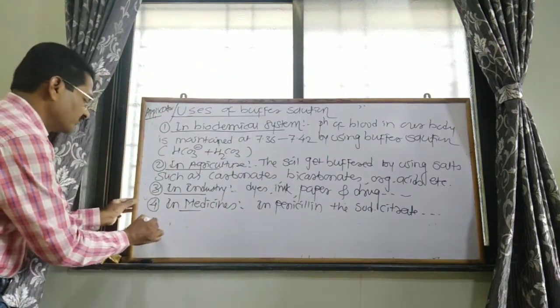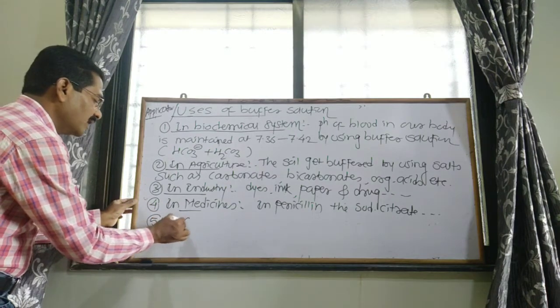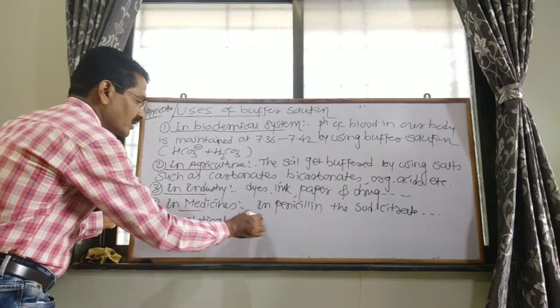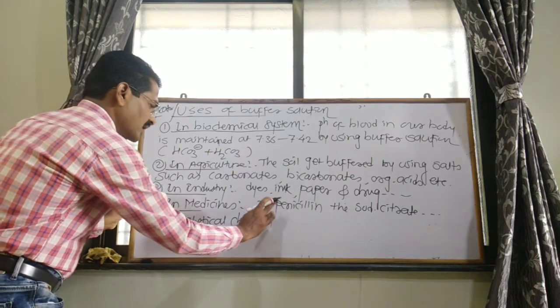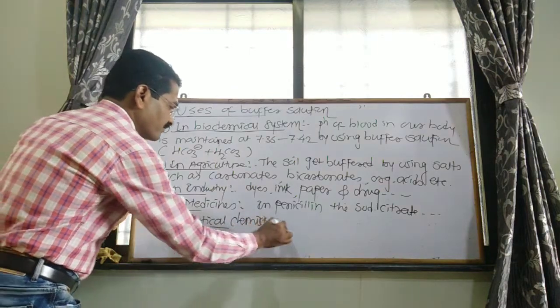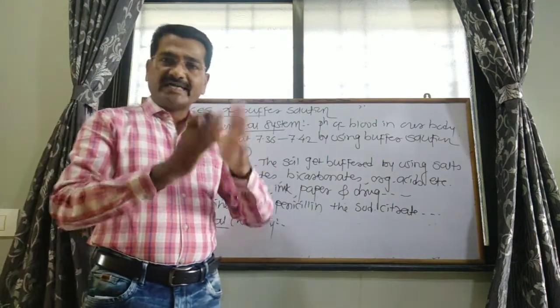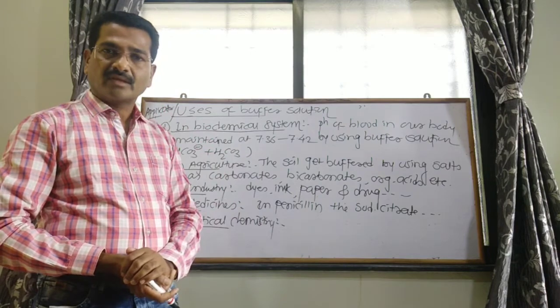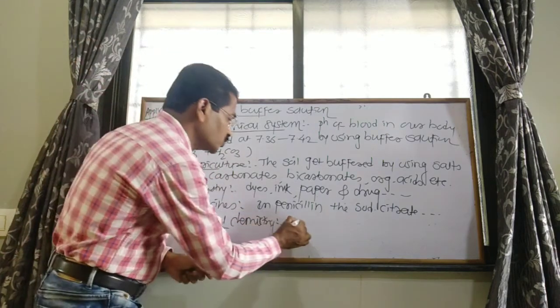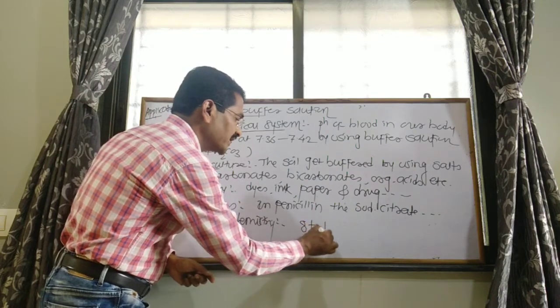And the last one, fifth, is analytical chemistry. In qualitative analysis, the pH of the solution is maintained at 8 to 10.